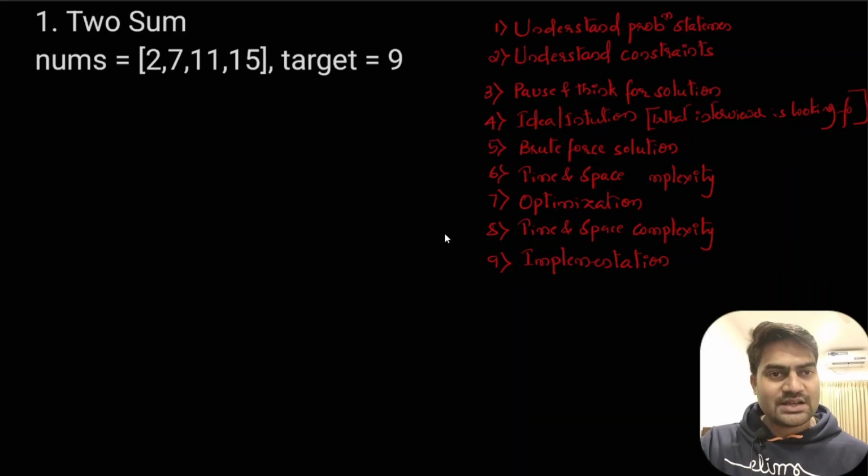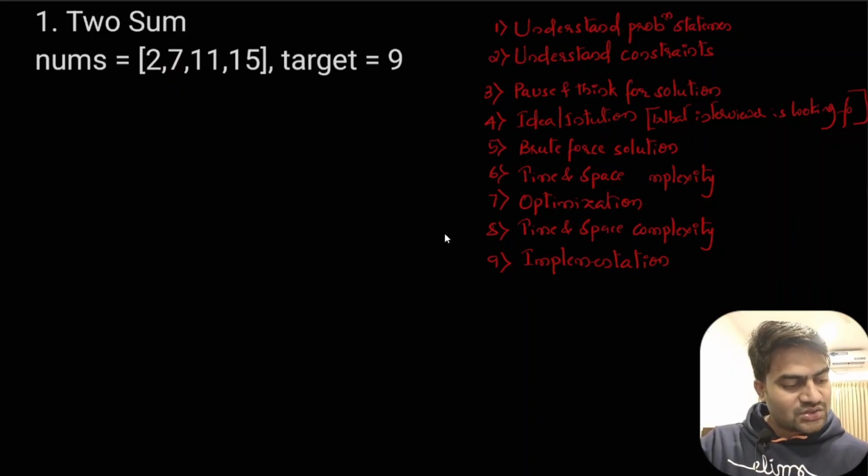Here, what this problem states is that we will be given this nums array and some target. This target value is nothing but the sum of any two values in the array. If you see, target is 9. If you add up 2 and 7, it is equivalent to 9, so we need to return the indexes of these two, basically 0 and 1.